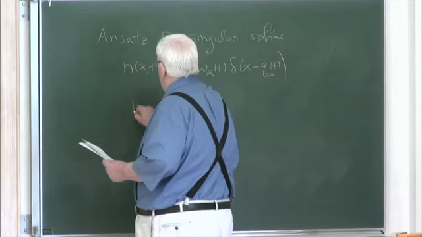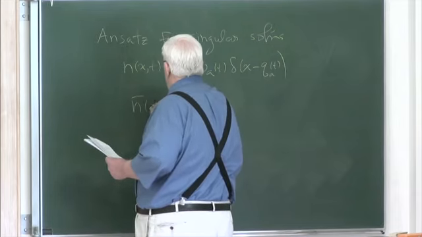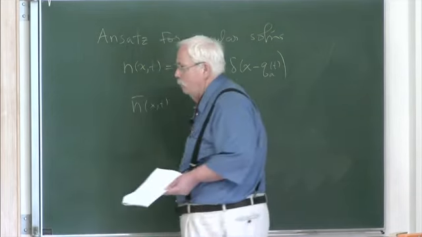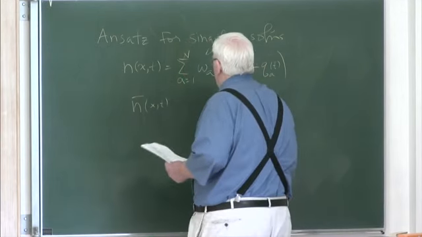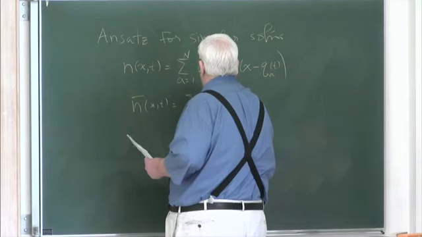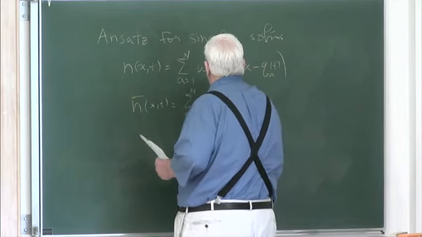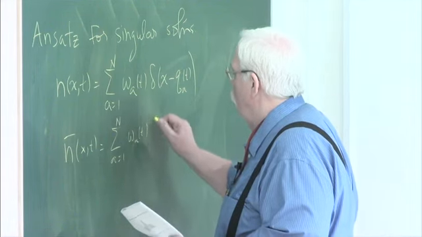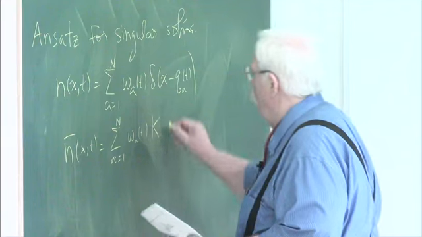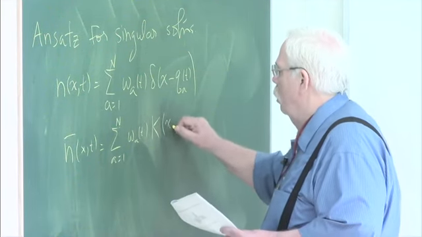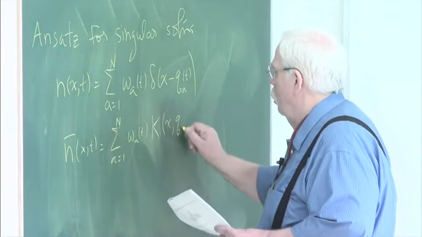And n bar of x and t, because you need that, you have to take its gradient, is the sum from a equals 1 to n of w_a of t times K of x and q_a.